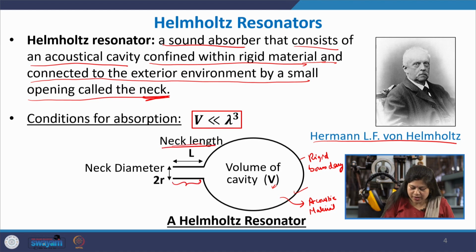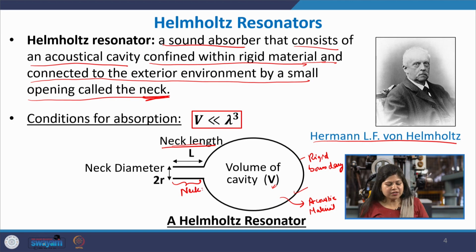This is called the neck of the Helmholtz resonator. The diameter is 2r, where r is the radius of the neck, L is the length of this neck which connects the cavity to the outside environment, and V is the volume. So, this is your typical Helmholtz resonator.